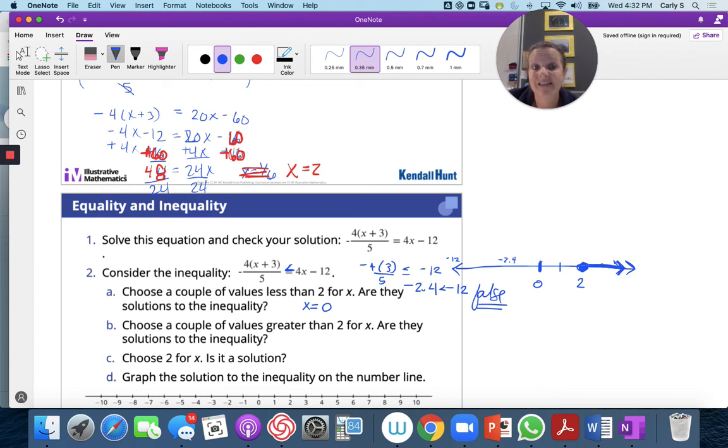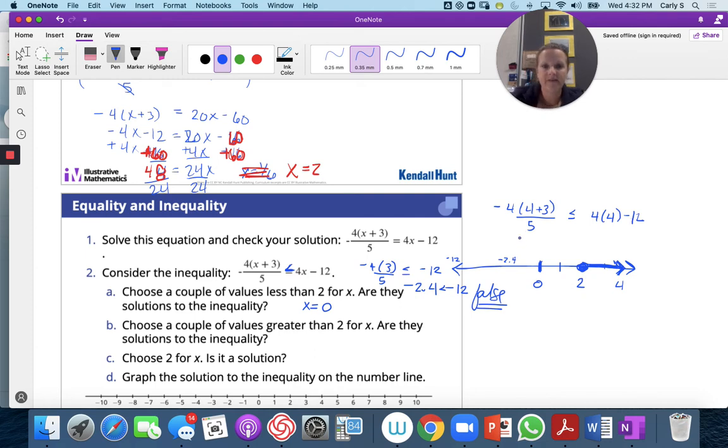Let's test 4. Okay, negative 4 times 4 plus 3 over 5 less than or equal to 4 times 4 minus 12. 4 plus 3 is 7. 7 times 4 is 28. Divide by 5.